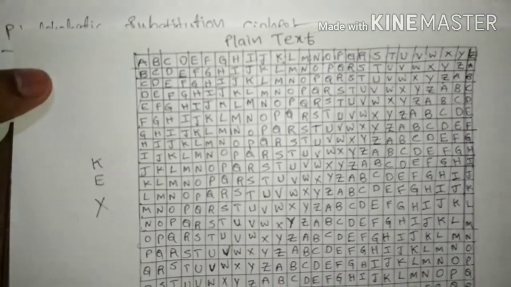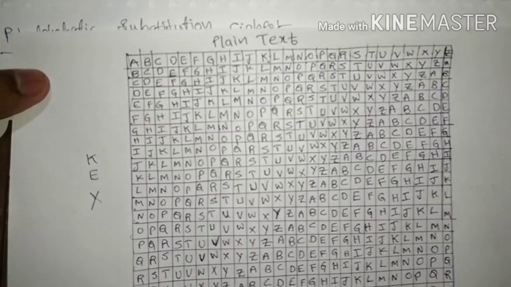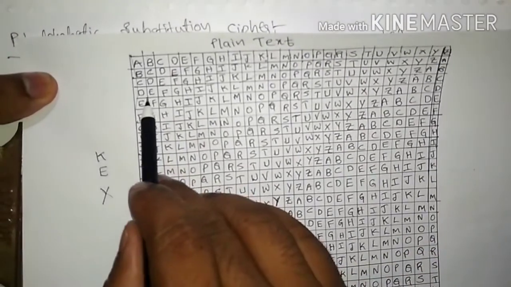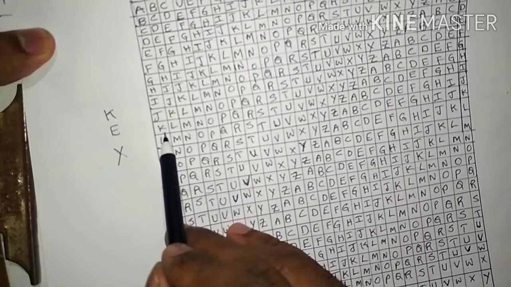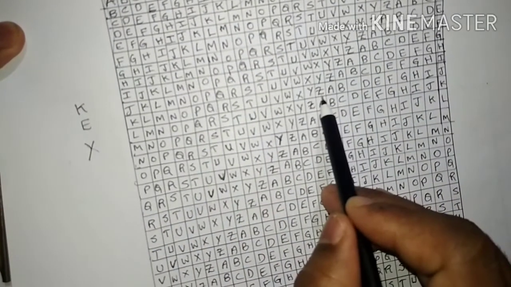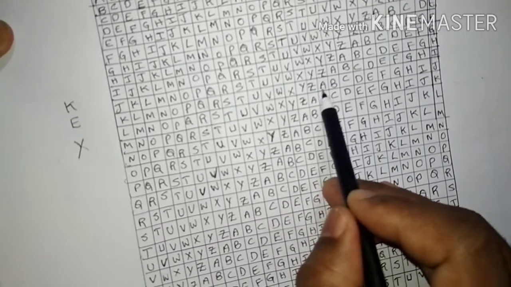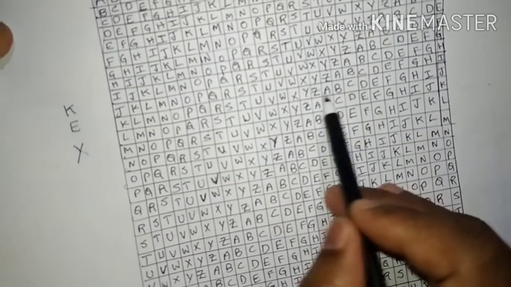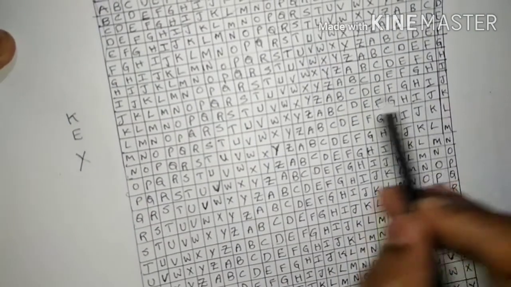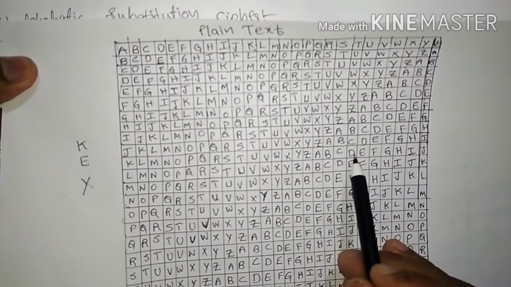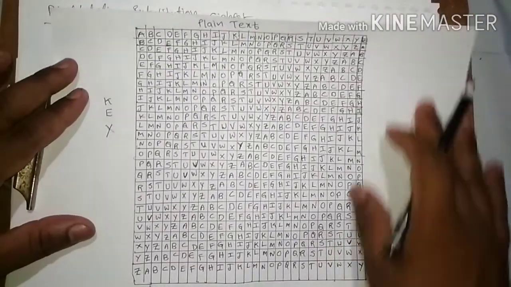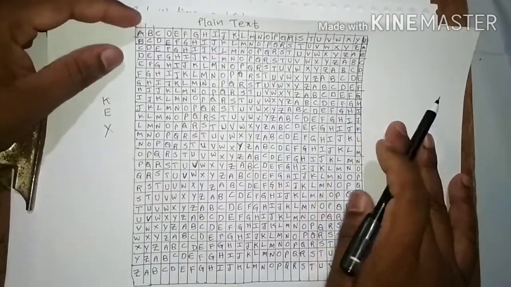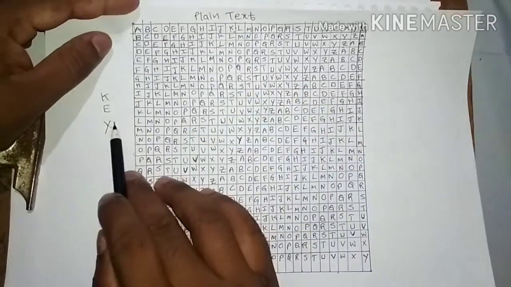It's clear. In each and every row there are 26 letters. If it starts with K here, it ends with Z here, and after Z the remaining A to J are coming. Okay, this is a loop. It's a very easy method. This is the plain text, this is the key.